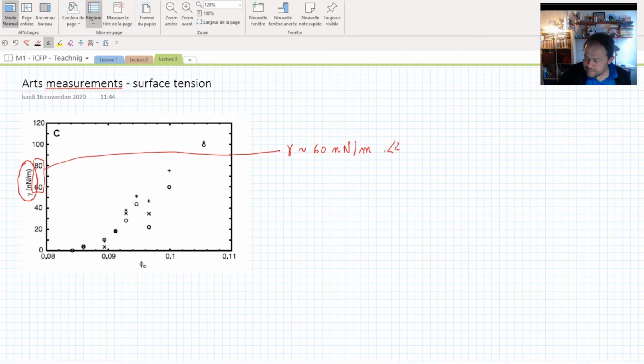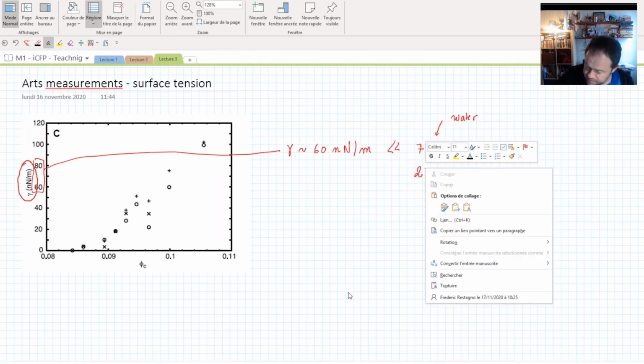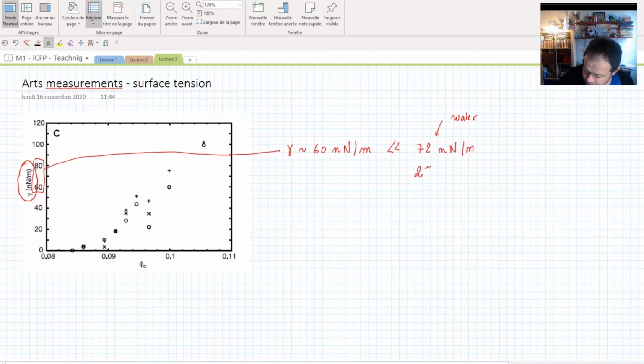Usually for water, as an example, the value of the surface tension, as discussed with David Quéré, is something like that. Or if you take an alkane, you will have a value of the surface tension of a couple of millinewtons per meter.